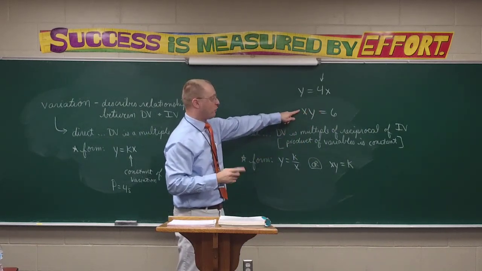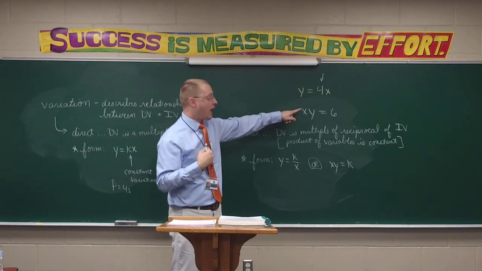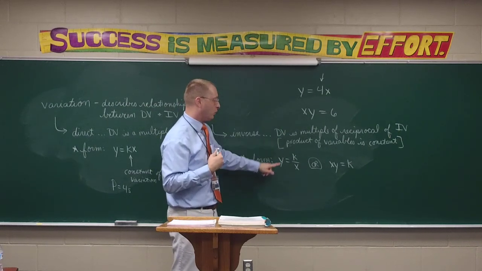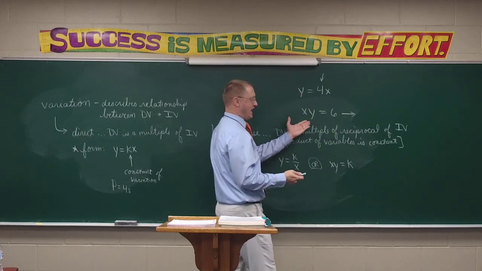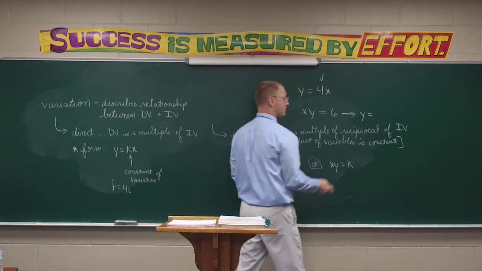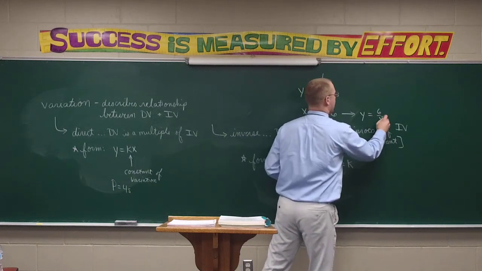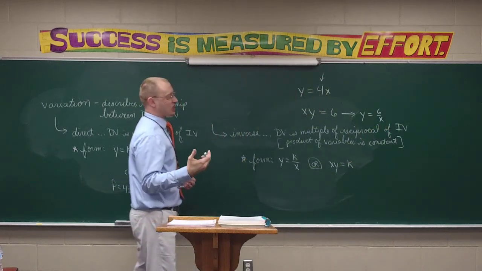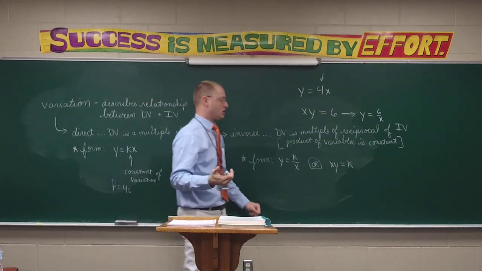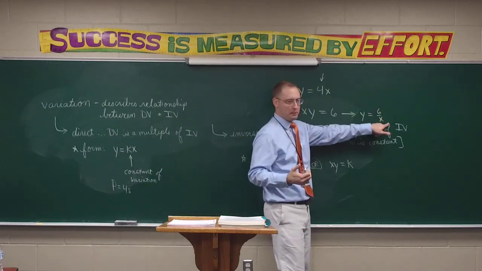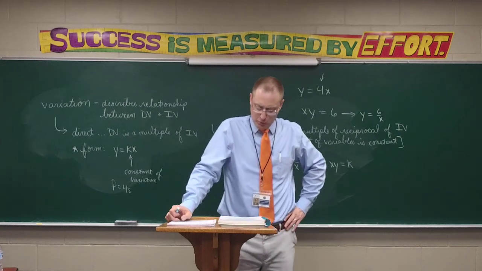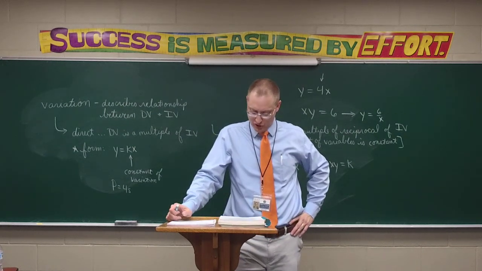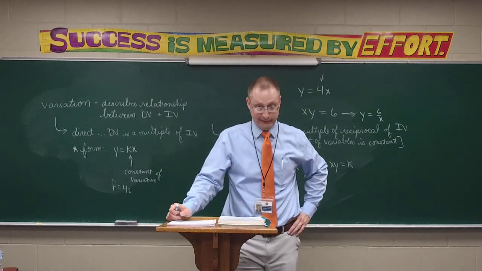Now, this is the form that I see readily. However, the form calls for a y by itself, but that's now easy. To get y by itself, just divide the x away, class, and we'll say that y equals 6 over x. In other words, 6 is the constant of inverse variation because you'll multiply 6 times the reciprocal. But who sees, oh yes, if I take the reciprocal of -3 and multiply by 6, that is -2?